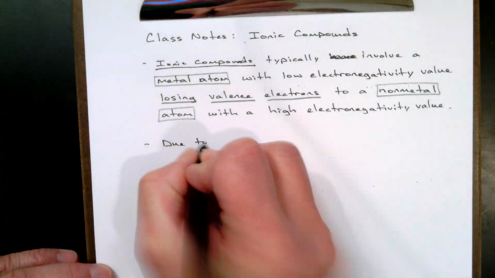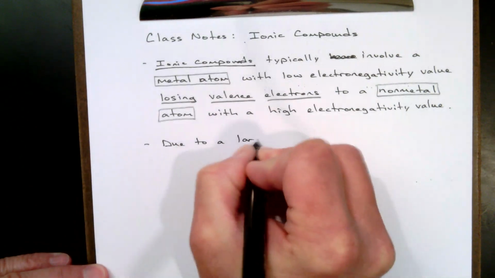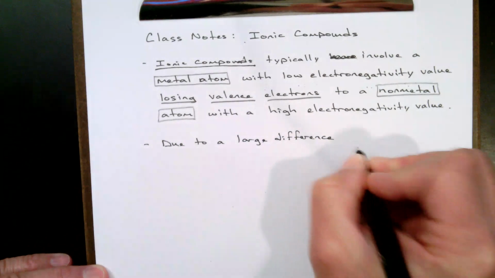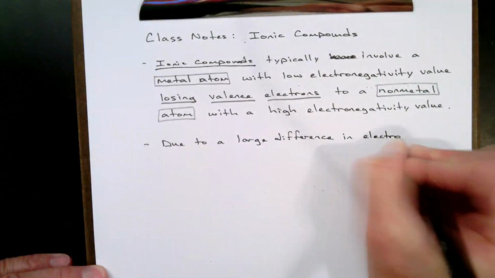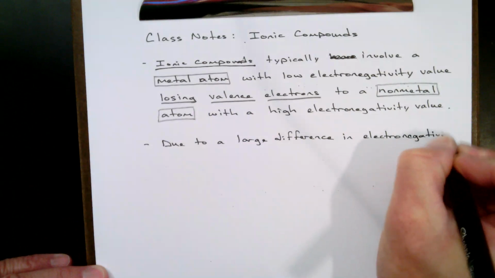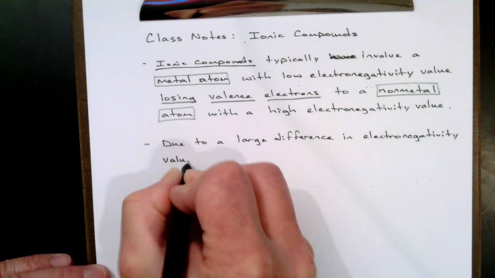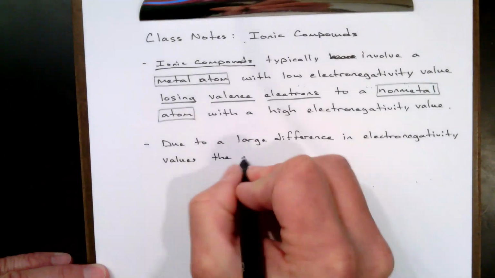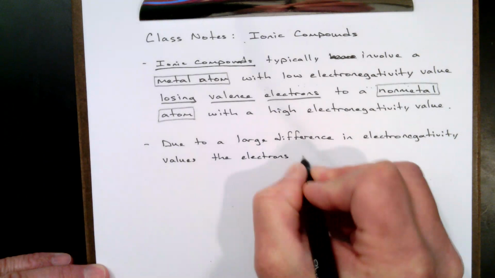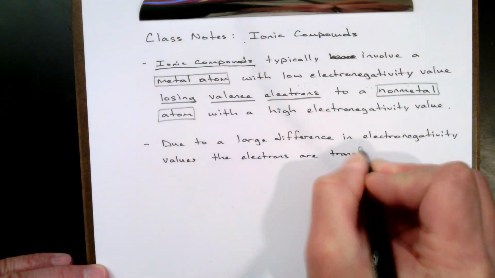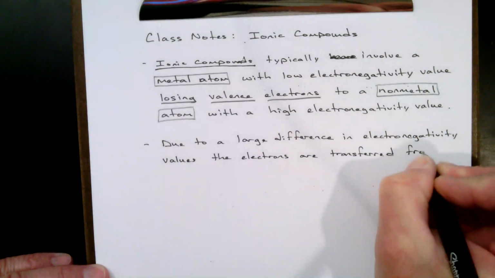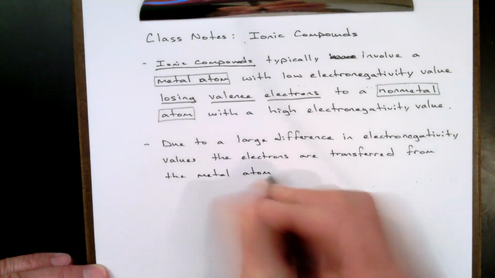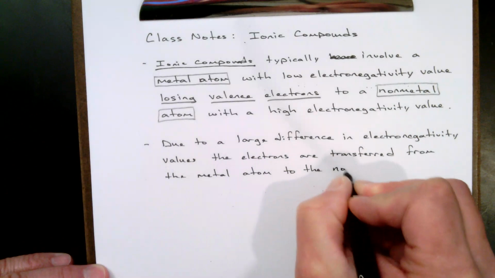Due to a large difference in electronegativity values, the electrons are transferred from the metal atom to the nonmetal atom.